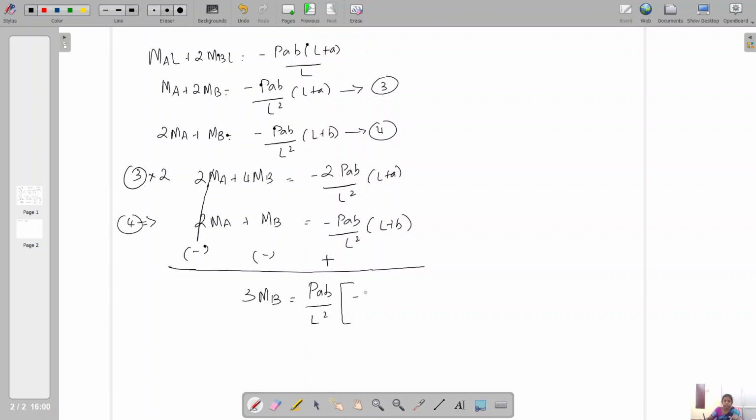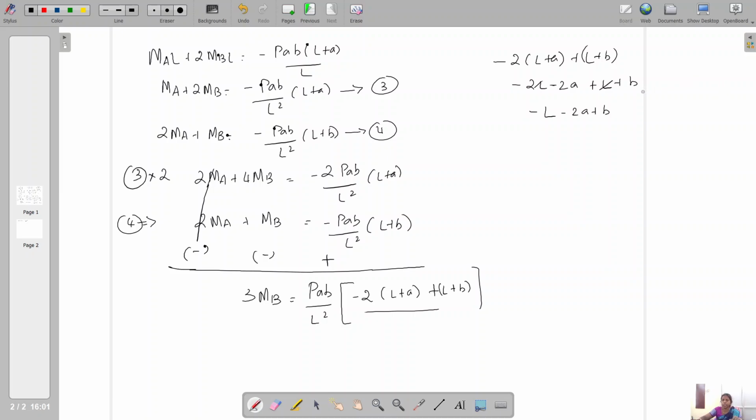Then the top term is minus 2 into L plus A, and the bottom term becomes positive, so plus L plus B. Let me simplify this term here: minus 2L minus 2A plus L plus B. So you get minus L minus 2A plus B.